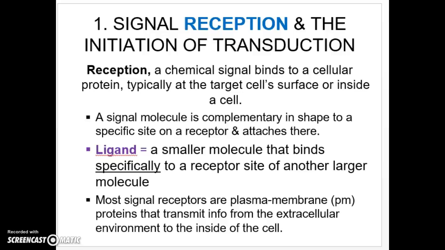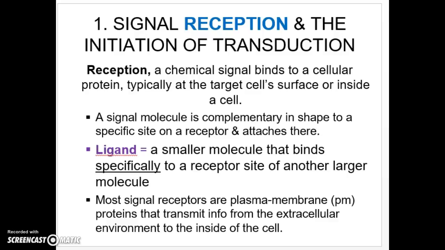Okay, so that signal transduction process begins, the first of the 3 steps is reception of a signal. So that reception is going to take place when the chemical signal binds to a cellular protein, which is usually going to be found on the cell surface or on the plasma membrane. But sometimes it's also found within the cell itself.